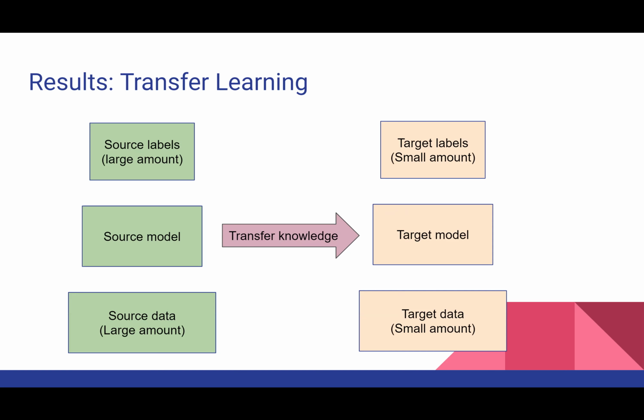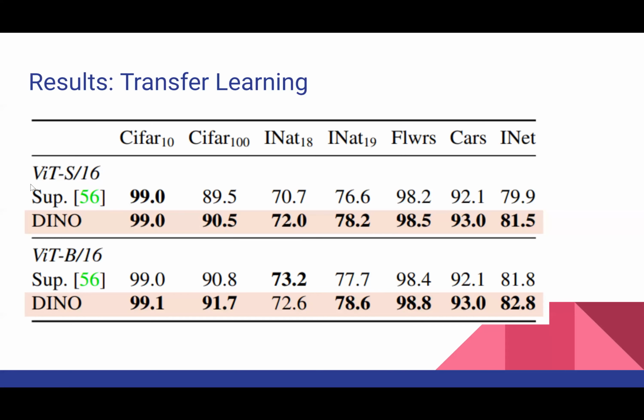When they did that, we can see scores with 2 different models, ViT small and ViT large, and 2 different methods, a supervised approach and Dyno. They tested that on 7 different data sets, and what we see is 13 times out of 14, Dyno is getting the better results on transfer learning, which means that it's great for solving problems that have a small amount of data.